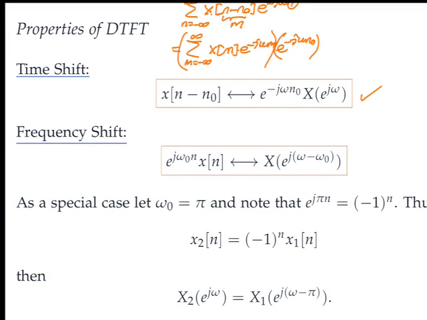So really then that amounts to multiplying the signal x of n with negative 1 to the n. So what you are doing to your signal is you're taking the values of your signal. If n is even, you leave it alone. If n is odd, you multiply it with negative 1.